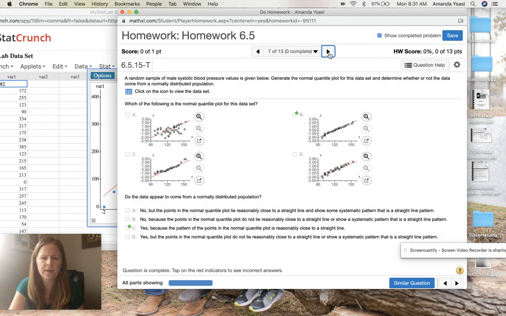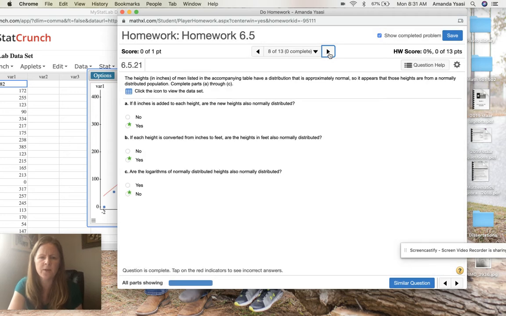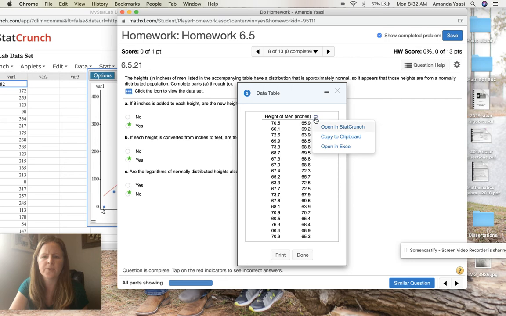Okay, so same thing here. You're still finding the QQ plot. The heights of men listed in the table have a distribution that's approximately normal. So it appears that those heights are from a normally distributed population. Complete parts A through C. So we have, if 8 inches is added to the height, will it be normally distributed? Okay, so let's look at it in StatCrunch.